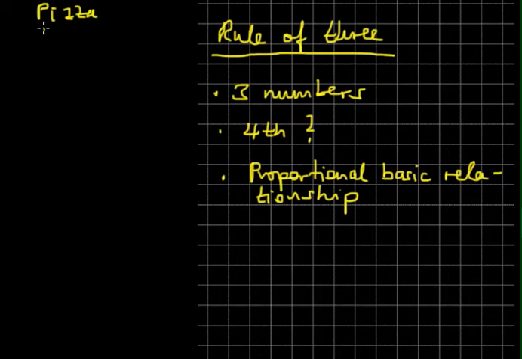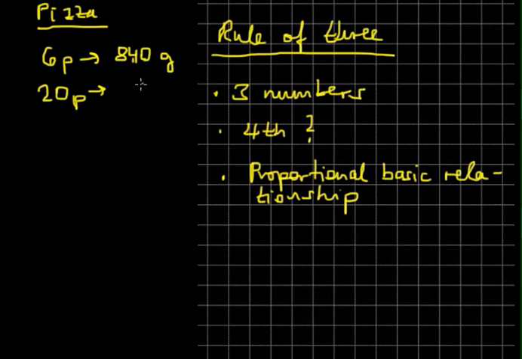Let's assume that you would like to bake pizza. You have a recipe in front of you, and the recipe states that for 6 persons you need 840 grams of flour. Now, the problem is that you are organizing a birthday party and you are inviting 20 friends and you are asking yourself how much flour do you need to buy.